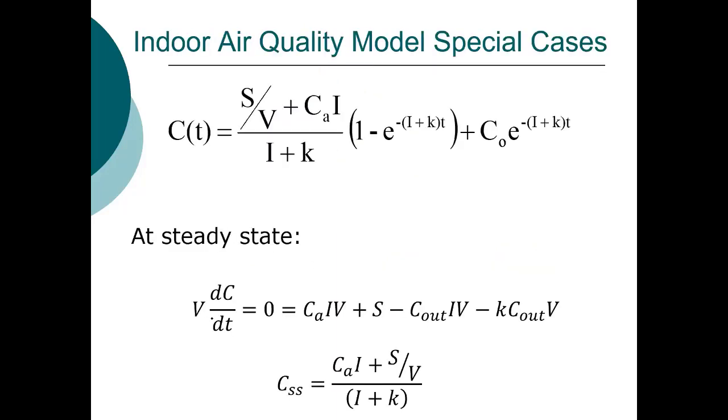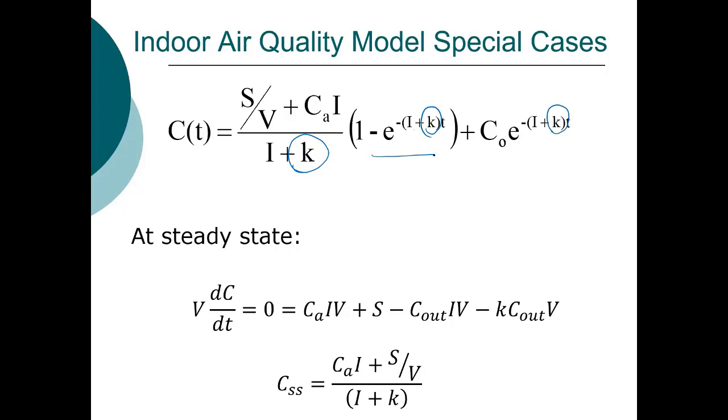The more general form of our mass balance expression is here. Notice we've added the K term. So we've added a K term in the numerator here. We've added a K term in the exponential of both C sub 0 and in this term here.